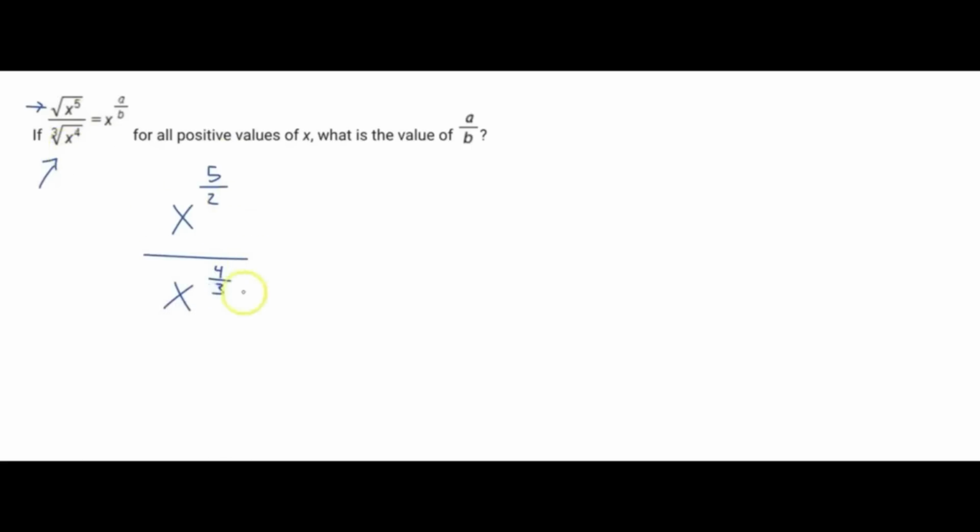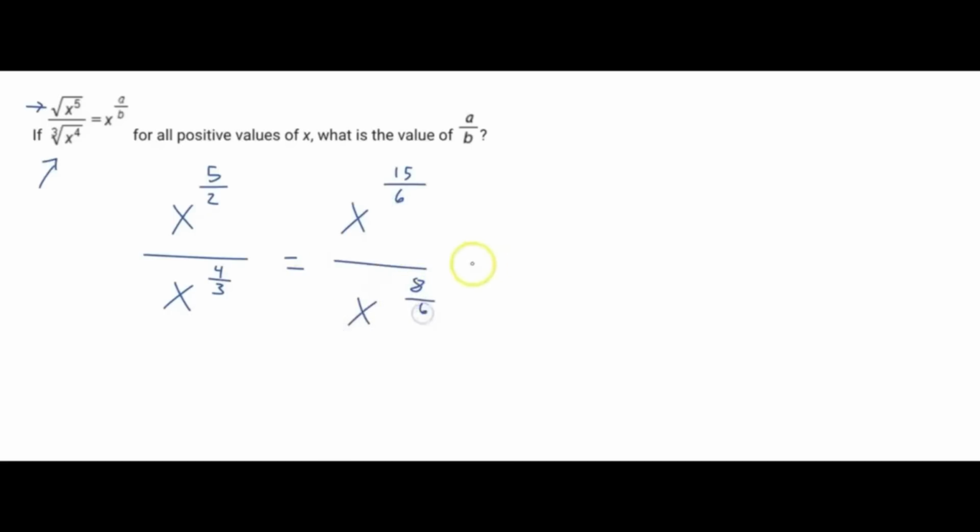And so now we want to find a common denominator here between 5 halves and 4 thirds. And so we can just multiply this by 3 and this by 2. So this would be x to the power of 15 sixths. And then we multiply this by 2, so you get 8 sixths.